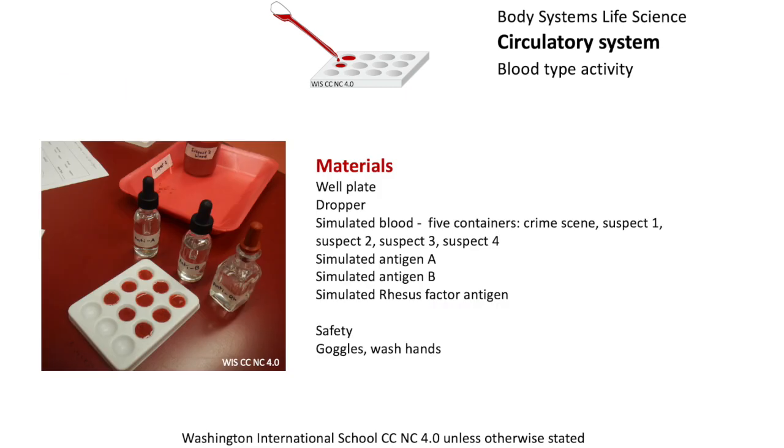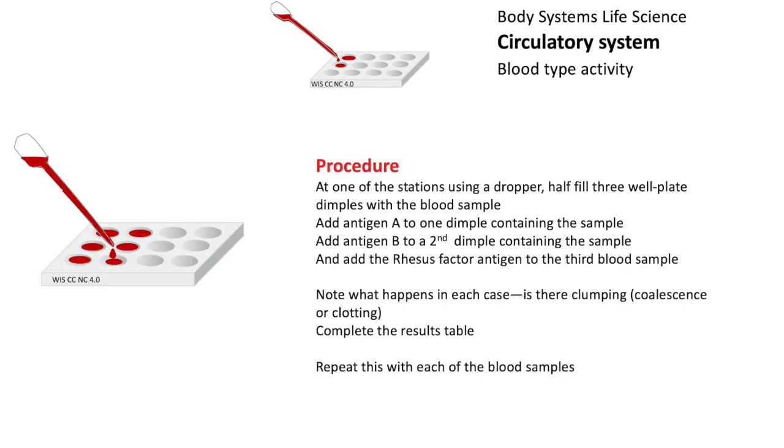And the materials you need, the well plate with the dimples in, simulated blood, and simulated antigens, A, B, and the rhesus factor. And what you're going to do is half fill 3 dimples with one particular blood sample.